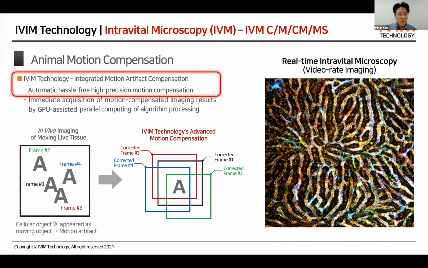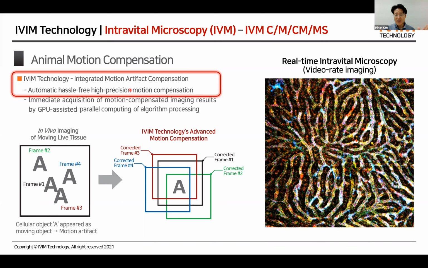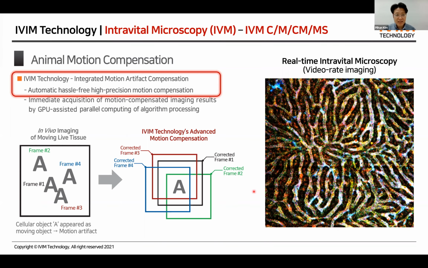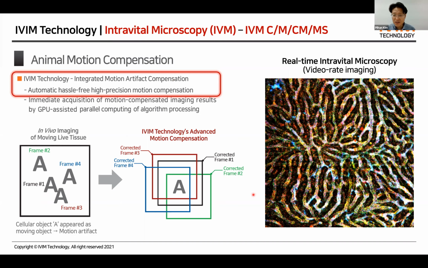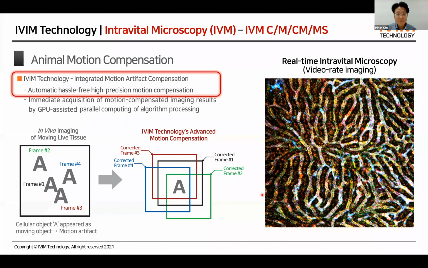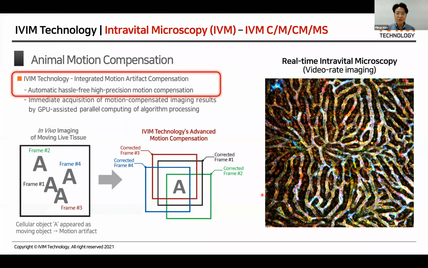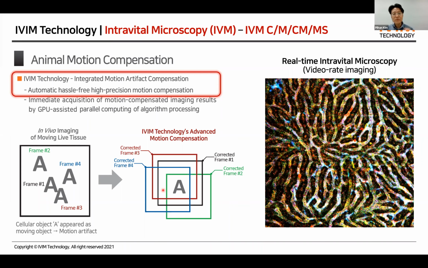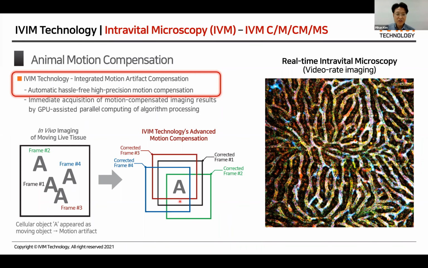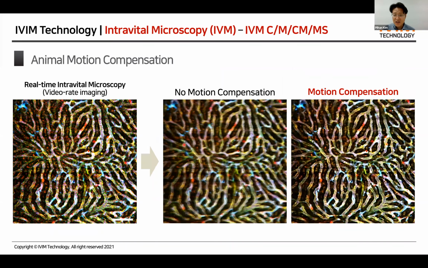So we developed this motion artifact compensation technique. Basically, what we did is we recorded this high-speed imaging in real time, and then we can compensate the tissue motion frame by frame as shown here. So this is the result, a side by side comparison without motion compensation and with motion compensation.